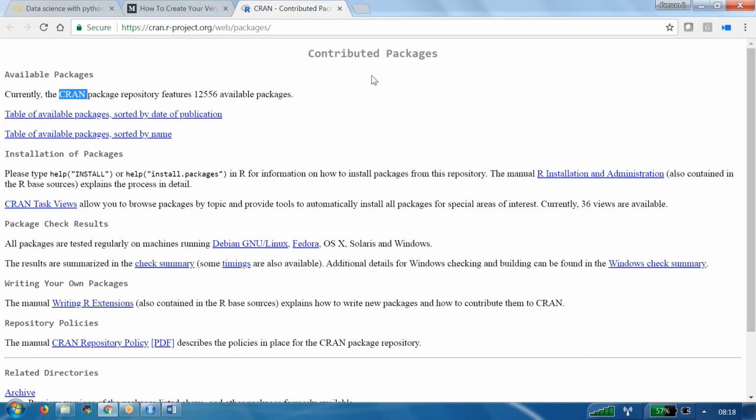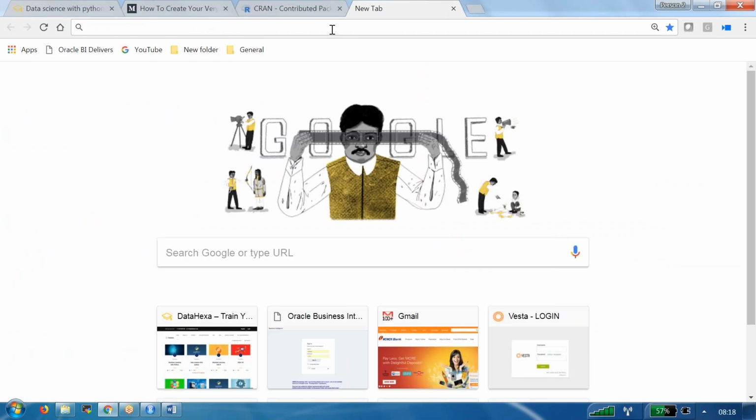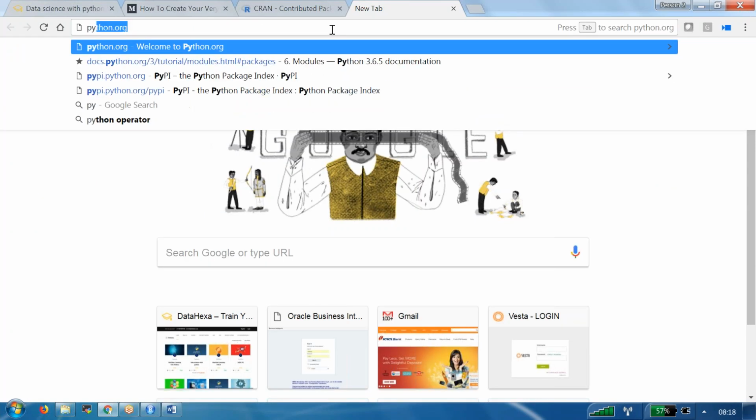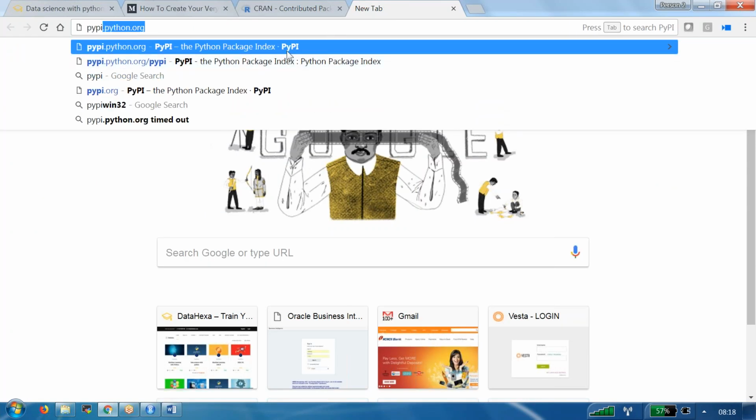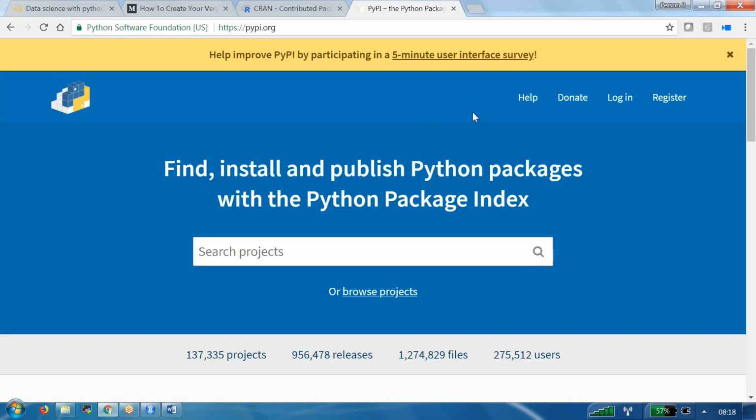You remember, in Python's case, how many packages do we have? More than 100k. Let us go and try to see PyPI. Yeah, see this, we have 137k.